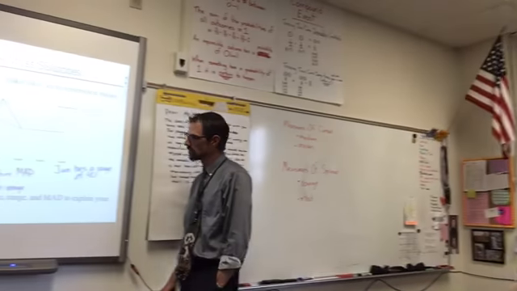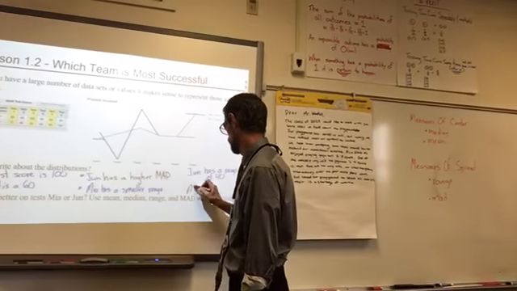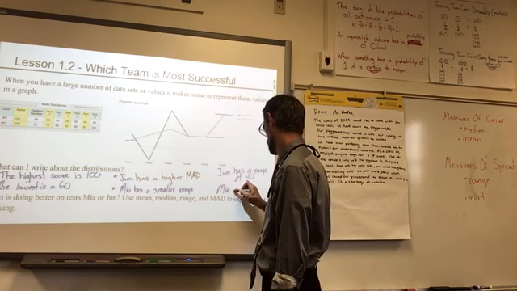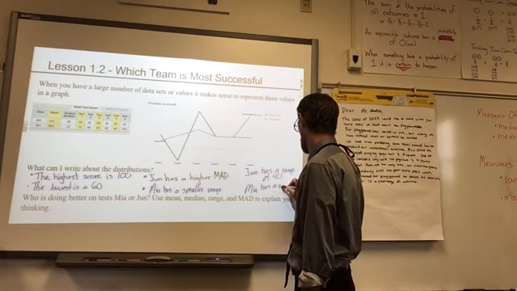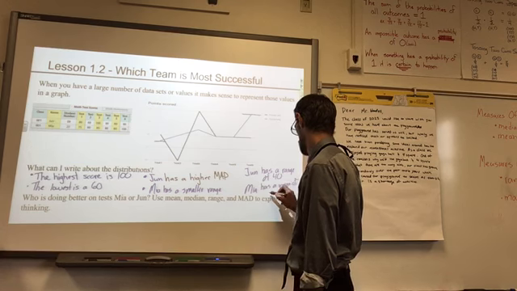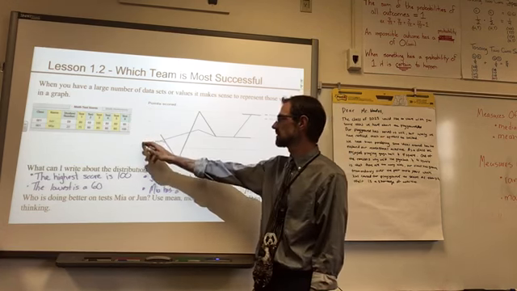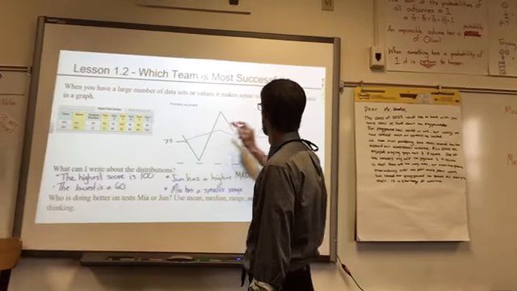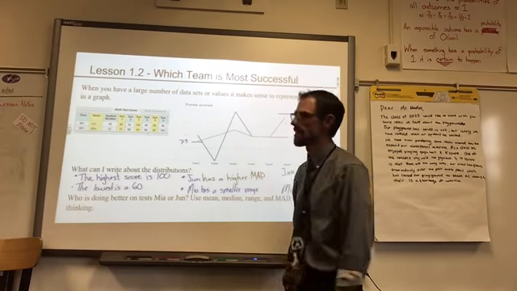Mia's range is 25. No, I think it's 15. No, it's 25. It goes to 100, but the lowest is 75. Oh, yeah.